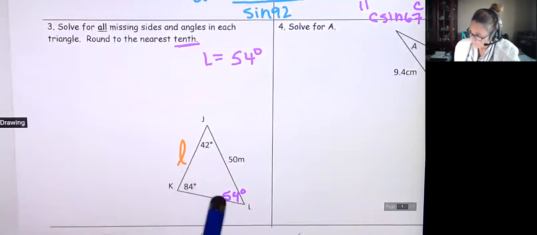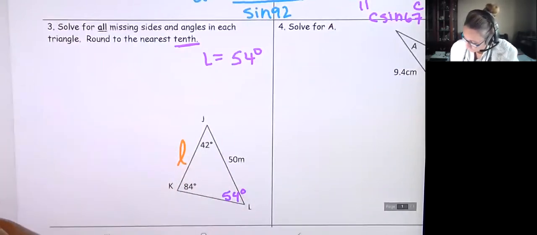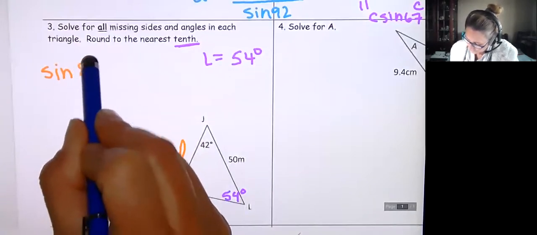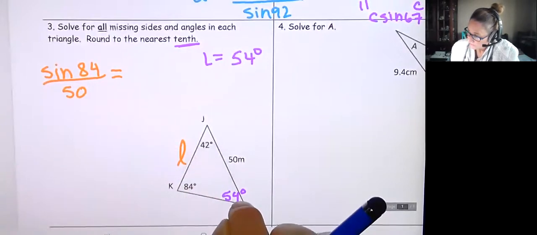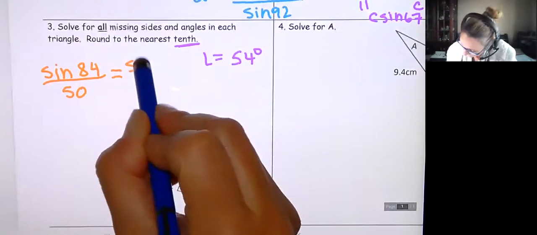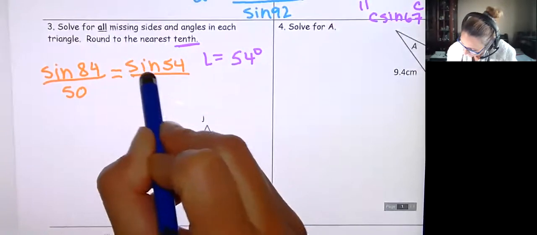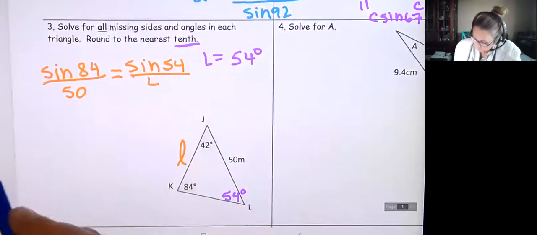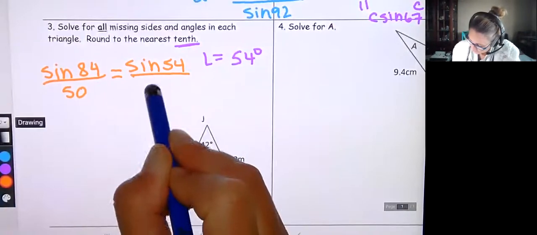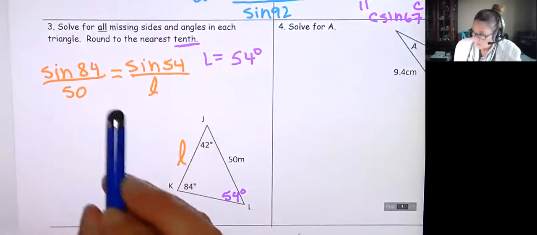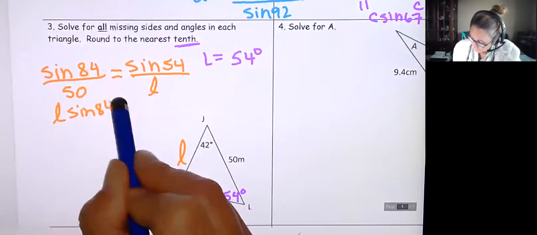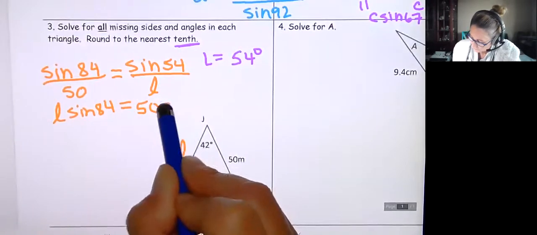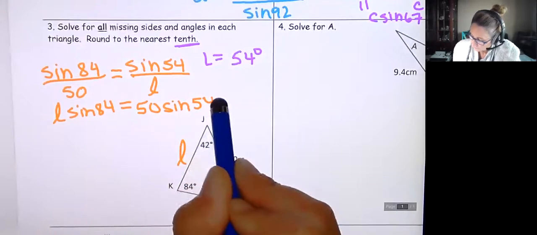So I'm going to find this L. I'm going to be doing sine of 84 over 50 equals sine of 54 over L. Sorry, that's lowercase l, I'll do it as a cursive L. So then I'm going to get L times sine of 84 is equal to 50 sine of 54 degrees.